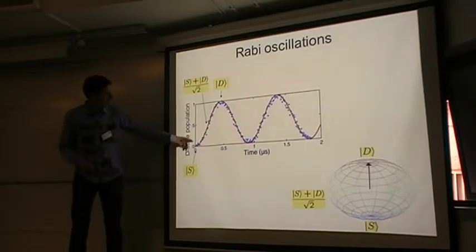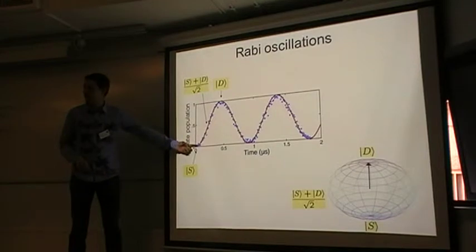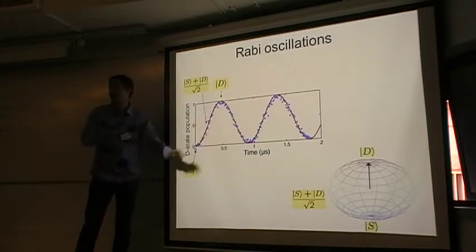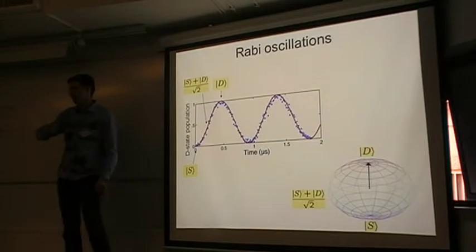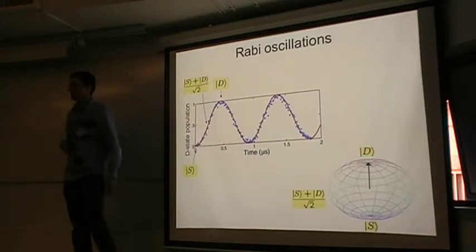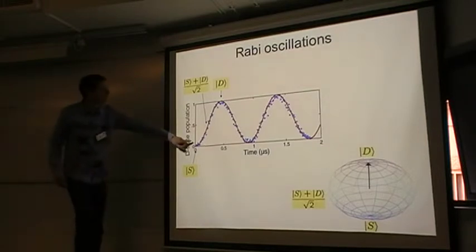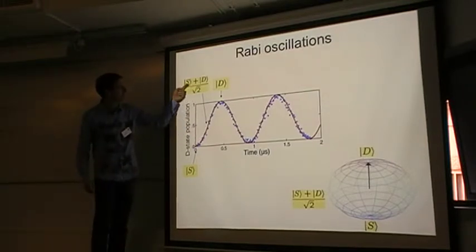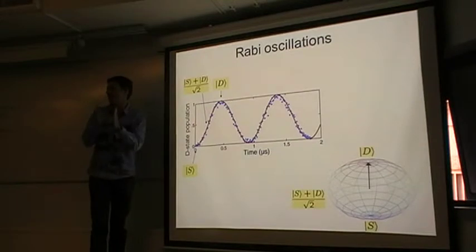If it starts in the S state down here, it will oscillate between the ground state and the excited state, and if we then switch off the light, of course it will stop. So we can generate an arbitrary superposition of this S state and the D state just by shining in this light for a certain moment.